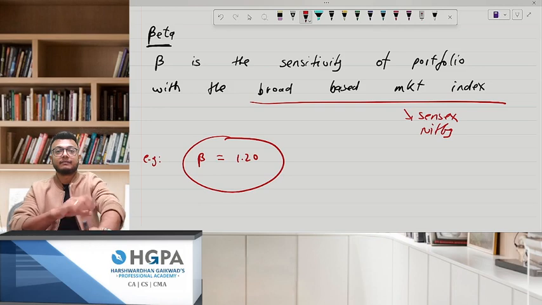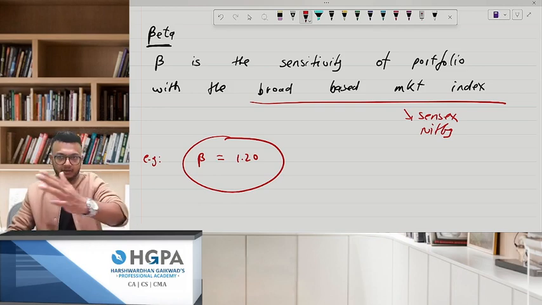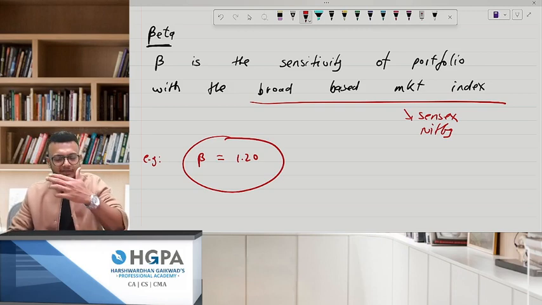You can write down in the bracket: this is a defensive portfolio, defensive beta. It's a very cautious beta because you won't have more equity shares in your portfolio if it is 0.90. So there is not much change.